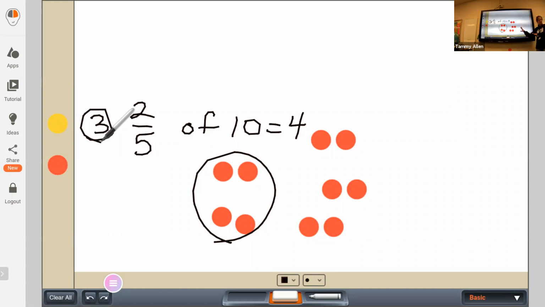Do you think you're okay with this tool? Yeah. Okay. One of you asked what the word "of" means? Okay, I'm going to talk about that. Hold on a minute. All right. So, I used the word "of," did I not? They used a multiplication sign. "Of" means to multiply.